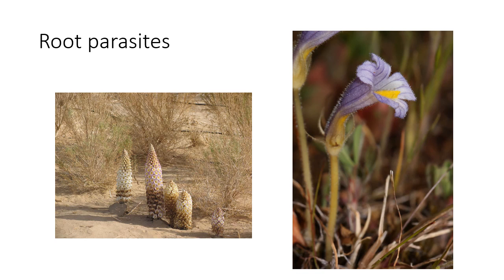There are certain plants which are unable to produce their own food material. These are known as parasites. However, there are two categories of parasite. One is known as a root parasite and another is stem parasite. Root parasites mostly attach with the roots of the host. So on my right side, this is Orobanche aegyptiaca.